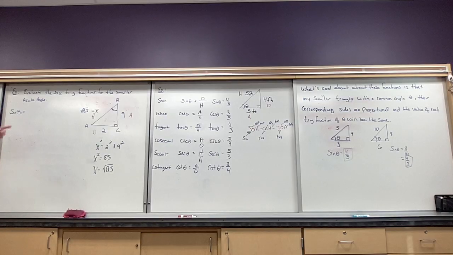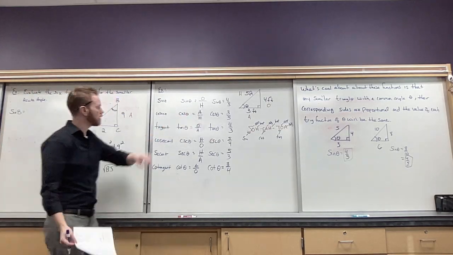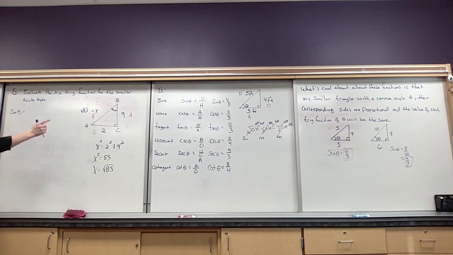It really doesn't. I'm going to go in the same order that I did on that whiteboard there. So I'll start with sine. So sine of angle B. And if we look at what two sides go with it, it's your opposite and hypotenuse. So that's going to be the 2 over the square root of 85. Something else you covered in geometry. We can't have a square root in the bottom of a fraction.